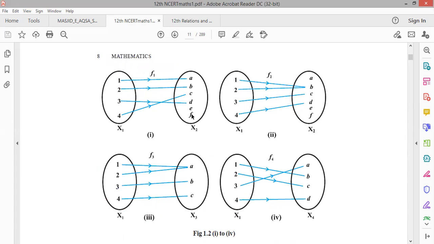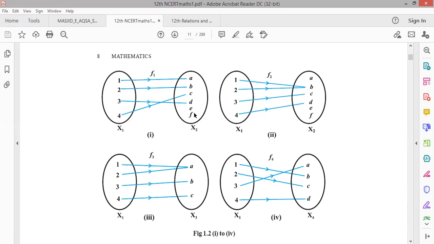Now we will go to the definitions of one-one and onto functions. In one-one function, different elements of domain should have different images in codomain. Yes, that's there. Different elements have different images, so it is one-one. Is it onto or not?